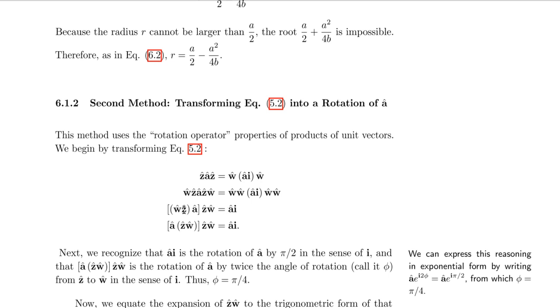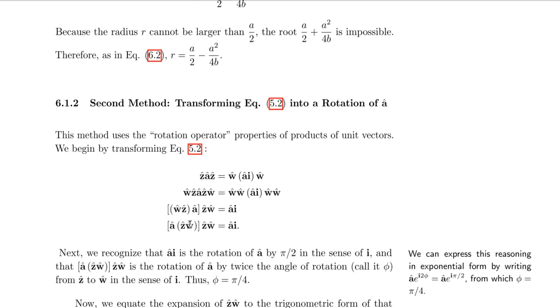But something that was shown earlier but we didn't go into in this video is that Ŵ, Ẑ, Â can also be written as Â times Ẑ, Ŵ. The order of these reverses. So now we have Â, Ẑ, Ŵ times Ẑ, Ŵ is Â I.